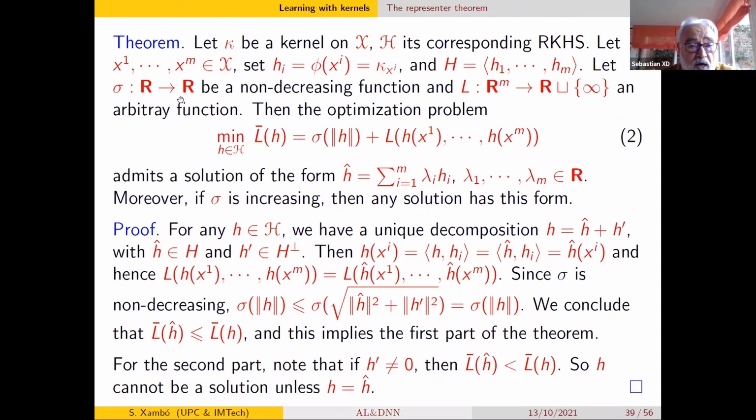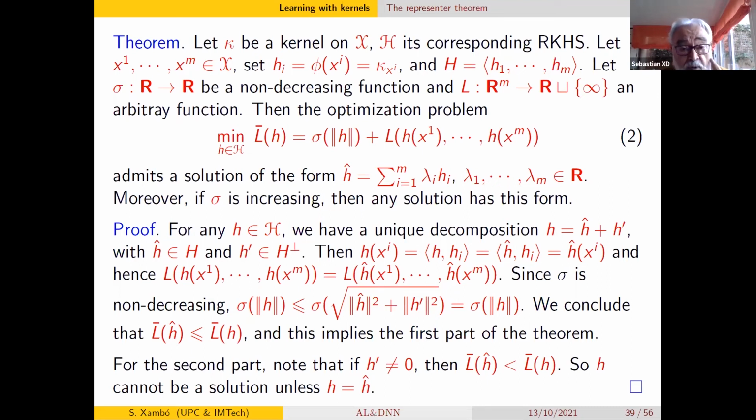Suppose that sigma from R to R is a non-decreasing function, and that L, in principle, can be from R^m, m being the number of data points, to R disjoint union with infinity. So we allow that at some places it could be infinity. But otherwise, it's an arbitrary function. Arbitrary function, I stress that.